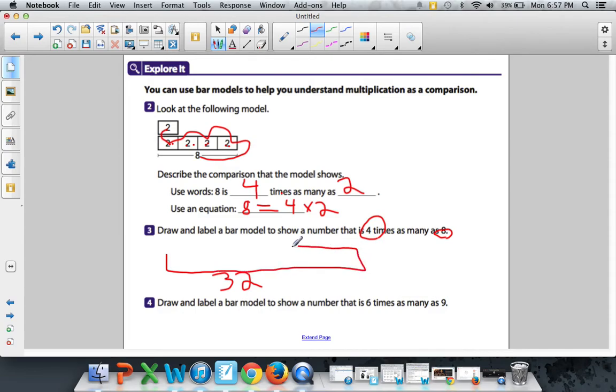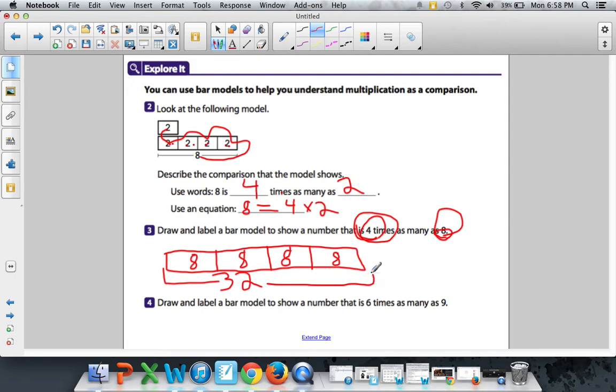I'm going to draw a long one first and split it into 4 pieces, because it told me 4 times. So 4 different spots. And 4 times as many as what? 4 times as many as 8. So you actually draw the number 8 inside. And that model shows you not just memorizing your times tables, but really understanding that 4 of these 8s, 4 times 8, equals 32.